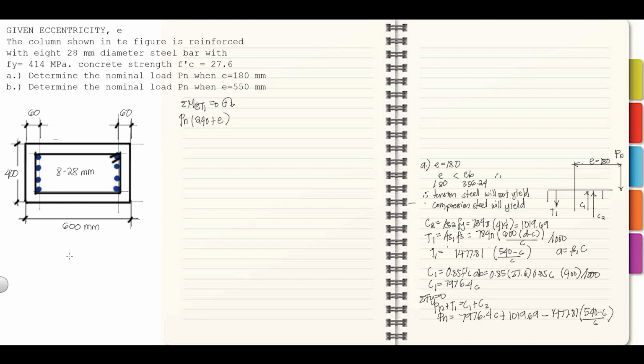So you imagine, ito yun. And this is your PN. So let's say this is your centroid. Ito yung E na given. So this is 240.